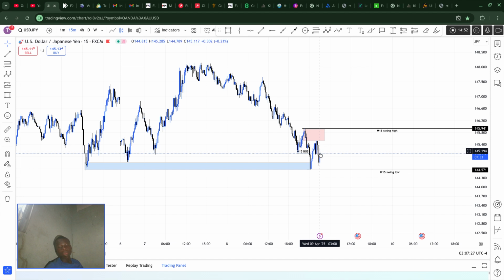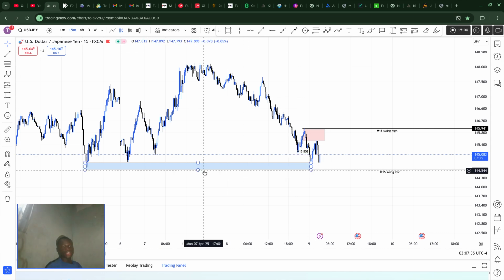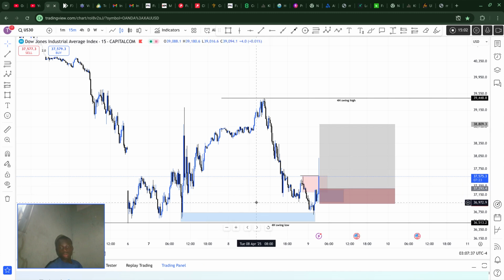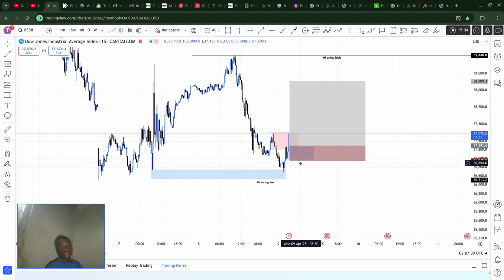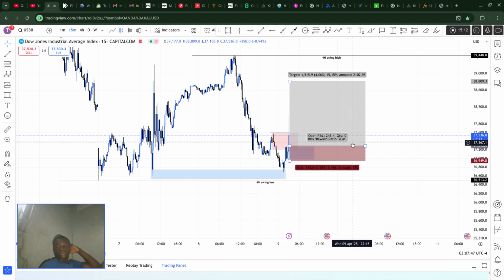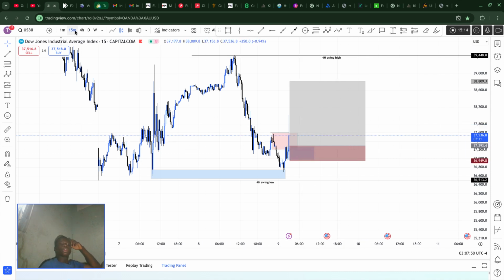So if we had that market change, so market structure shift, then we know that okay, we are shifting bullish. US30 will switch bullish already. Let's break a structure. You spend the interest of BMR around this place.